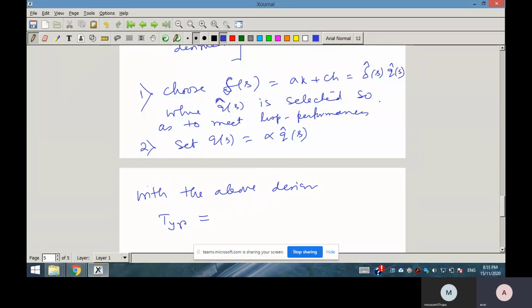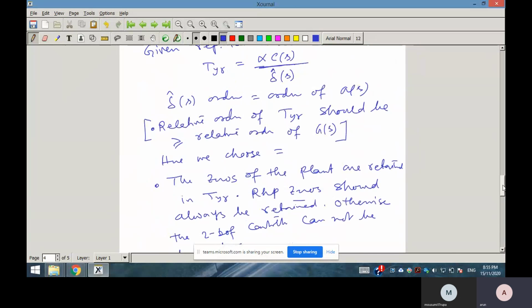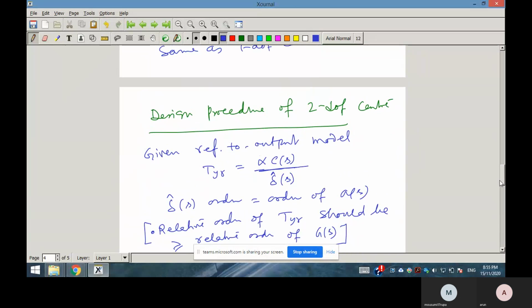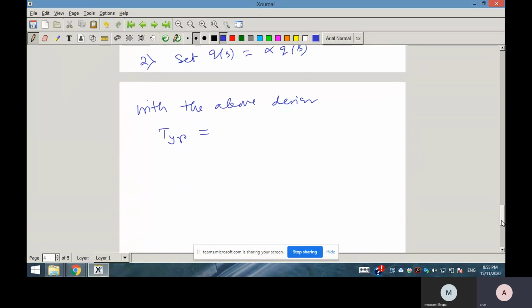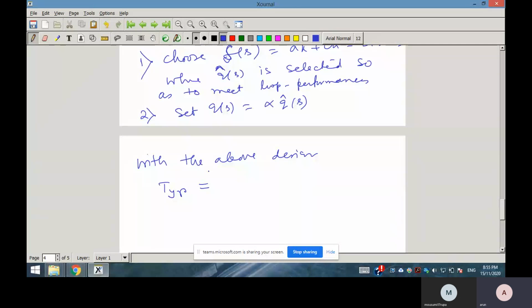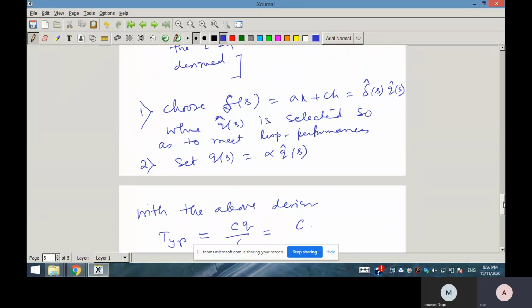Now I will prove whether with this setting I am getting this transfer function or not. TYR will be CQ divided by delta, so that is equal to C into Q.